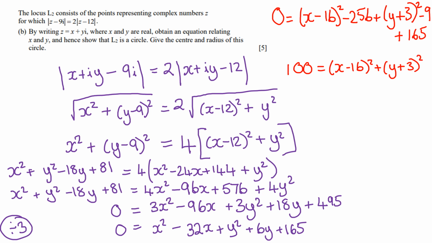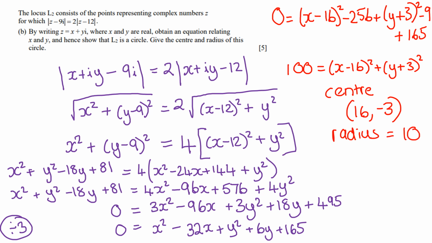And then you can see it's like the equation of a circle. The centre is 16, minus 3, and the radius is square root of that thing, which will equal 10. Lovely. I think we've finished that.